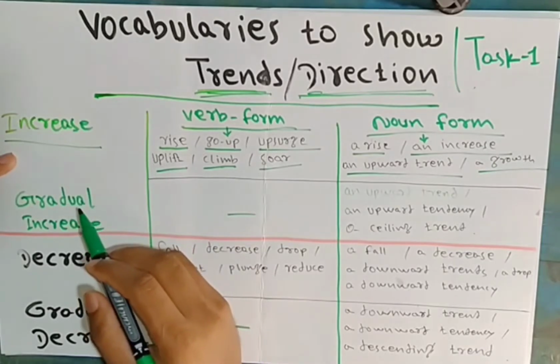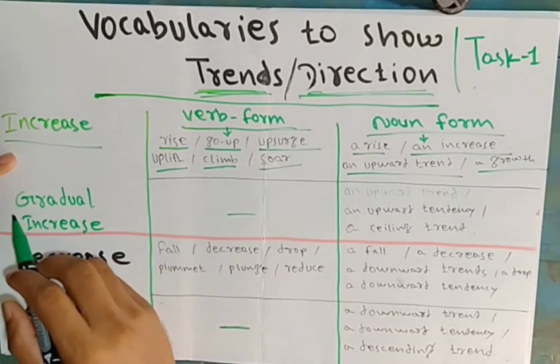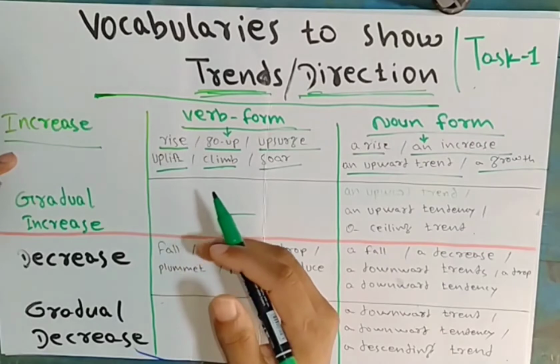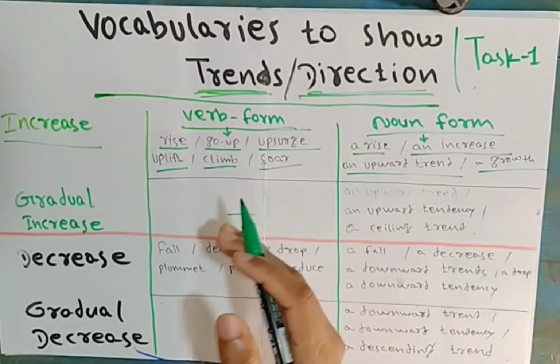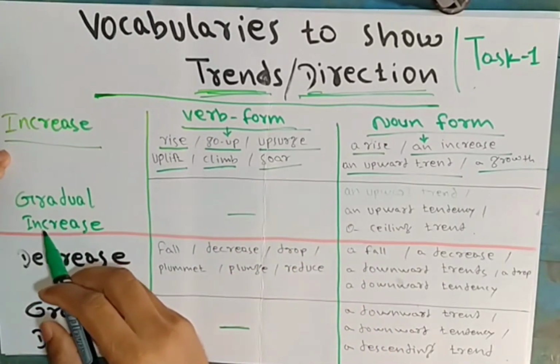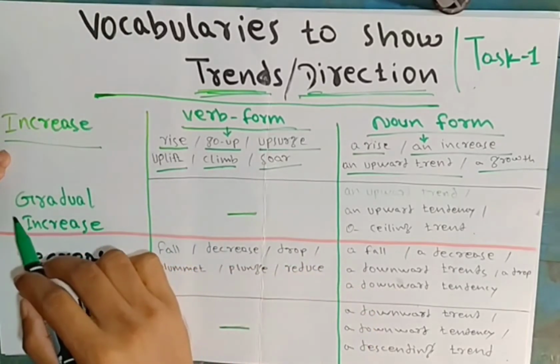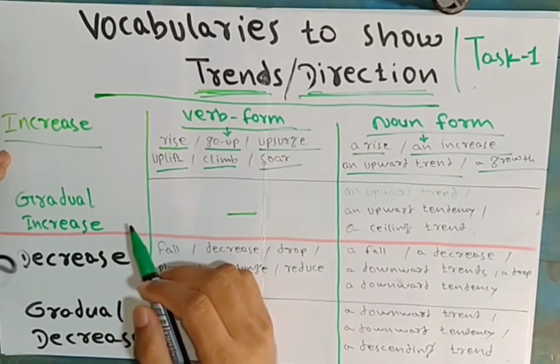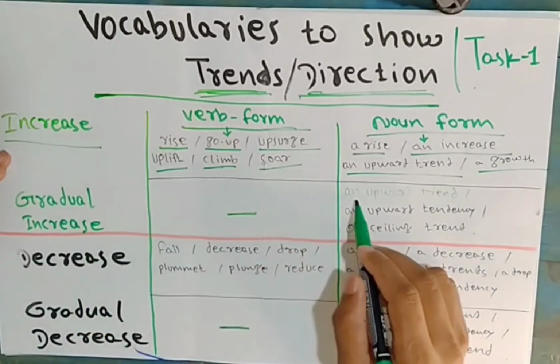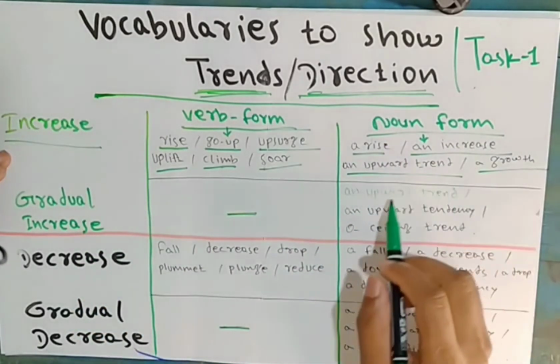So let's see what we have to use for the gradual increase. If you want to show the trend is gradually increasing, for the gradual increase we have no word in the verb position because gradual increase is a noun. So for this, we have some words in the noun position.